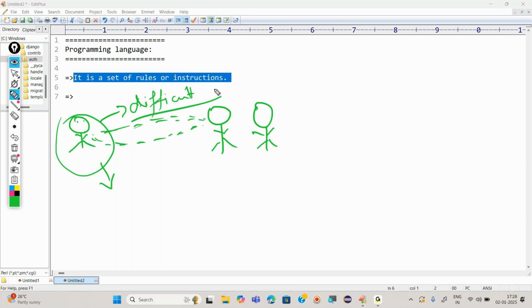In this scenario, this person does not know anything. Let's say this person only knows Telugu, just pardon me if I write the spelling wrong here. And this other person knows Hindi as well, plus Telugu, right?